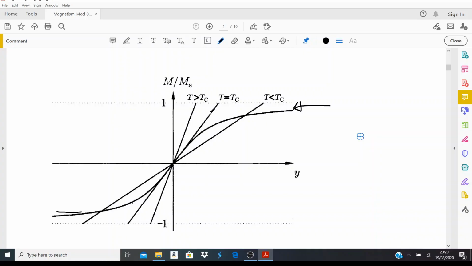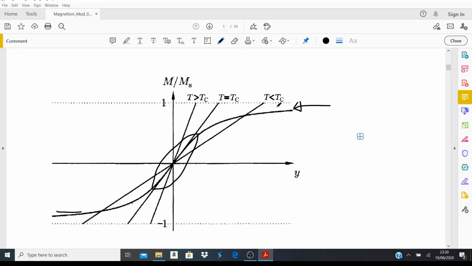But when you plot the straight line at T is equal to Tc, you can see they differ at high values of y, but close to the origin, the straight line slope and the nonlinear Brillouin function have the same slope, right, in this region. You can see that very clearly. And that's around T is equal to Tc.